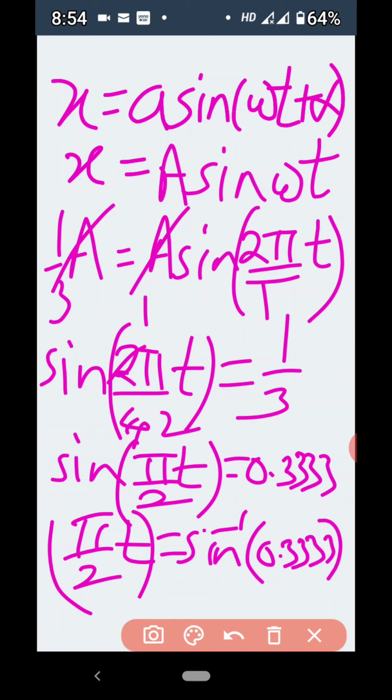Now in the natural sine column of your log table, see the inverse of 0.3333, and that comes to be 19.5 degree. You can see that in your natural sine column of log table.